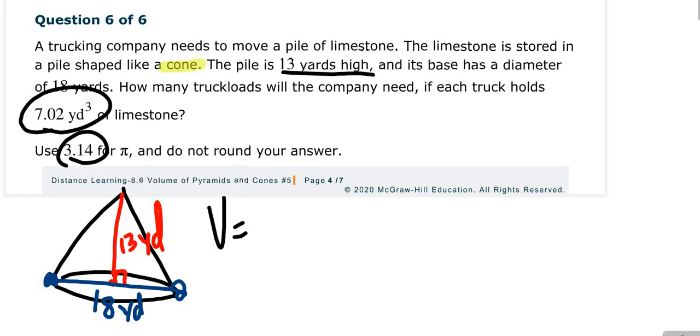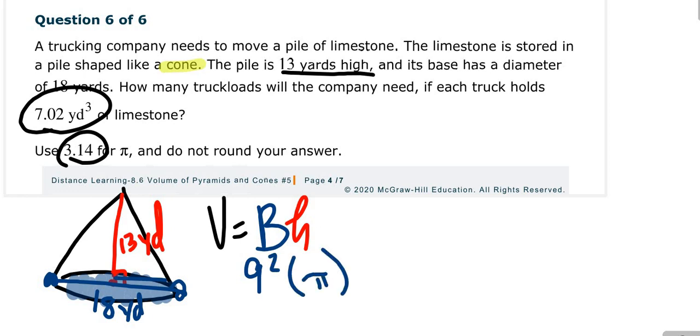So volume equals base times height over 3. Once again, the base is not 18 here. The base is a circle, which is radius squared times pi. So 9 squared times pi times our height, which is 13. We're supposed to use 3.14 for pi exactly.